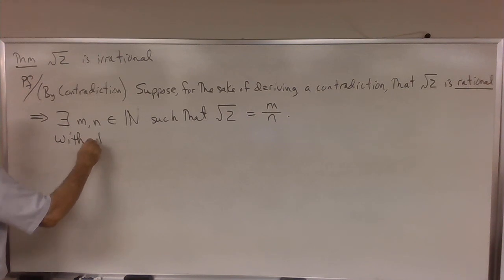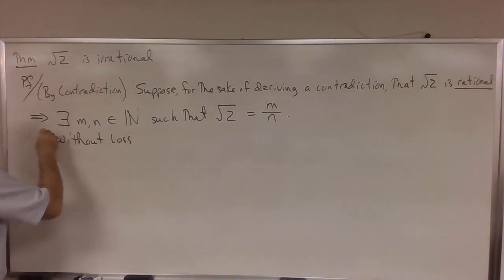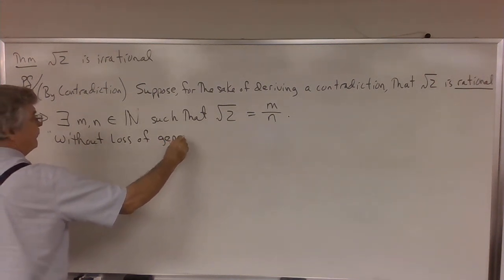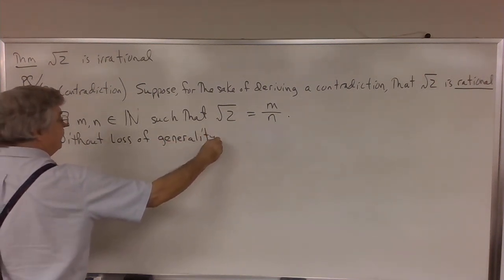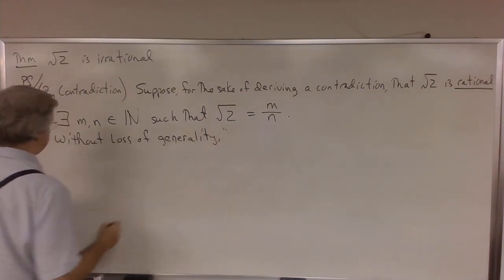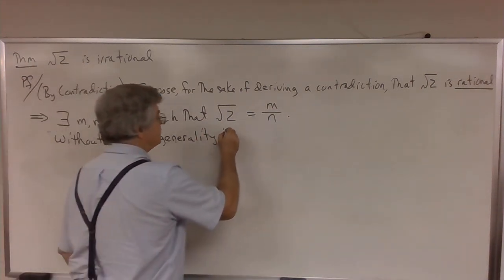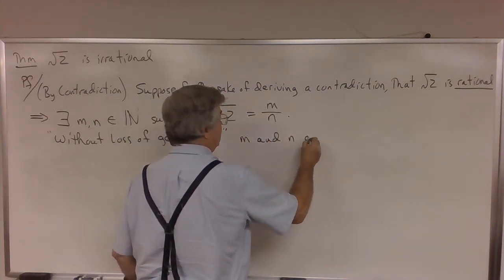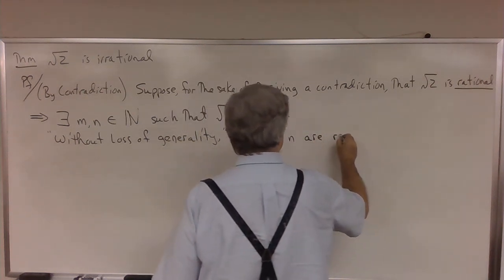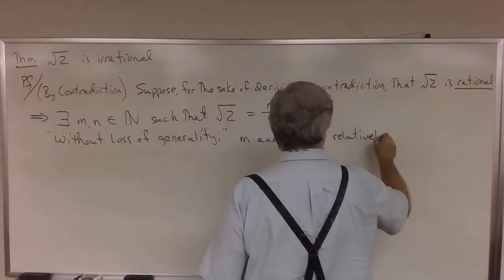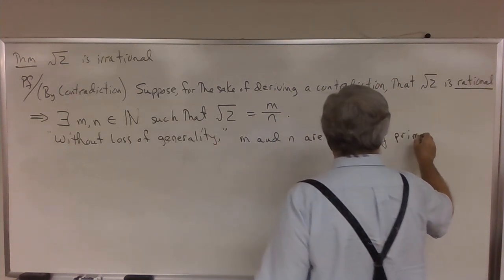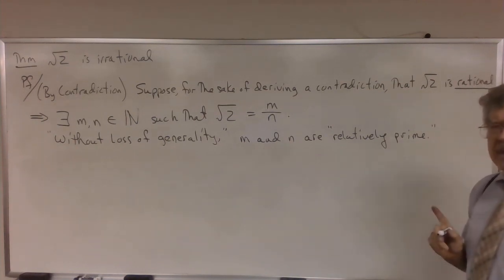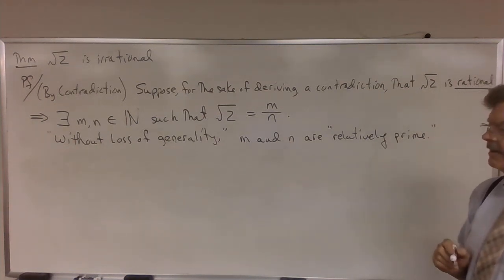I'll say without loss of generality, m and n are relatively prime. Now, we may know what that means or we may not.